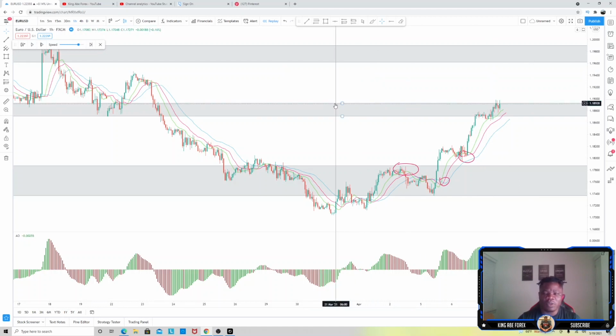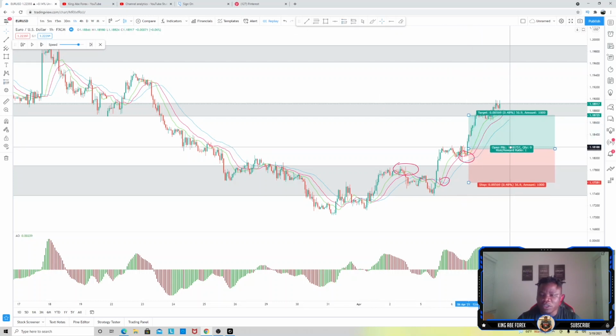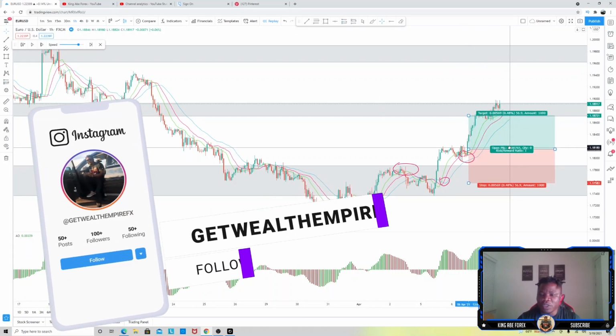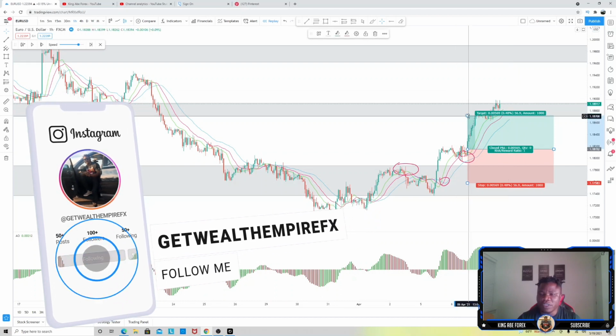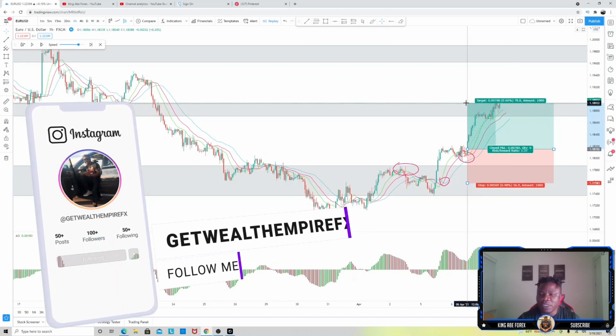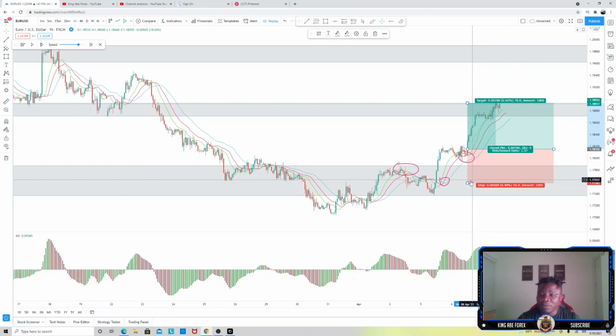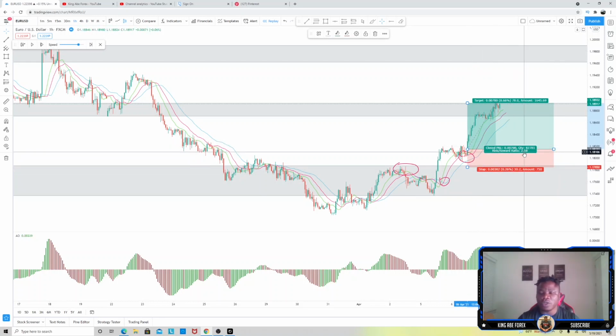Now let's see what our risk to reward ratio was just for this TP1. You got in right at this bullish engulfing candle. You have your TP right over here for 78 pips, and your stop loss right below this alligator indicator for 30 pips. We're looking at a risk to reward ratio of 2.5, that's our risk to reward ratio right there.